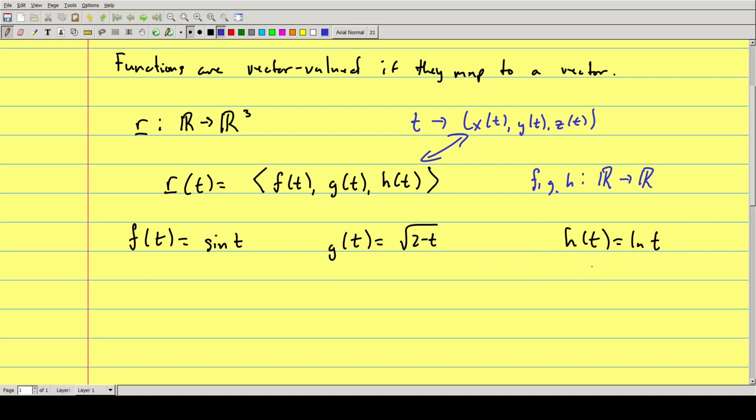Okay, so this comes with the domain restriction, and this comes with the domain restriction, which imply a domain restriction on the vector function. It has to satisfy both of those conditions, right? The square root of 0 is okay.